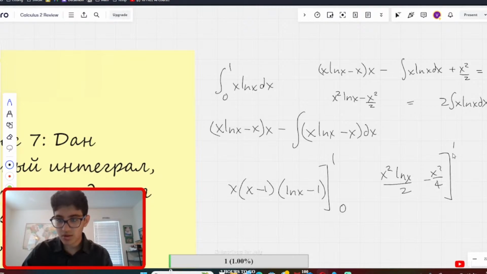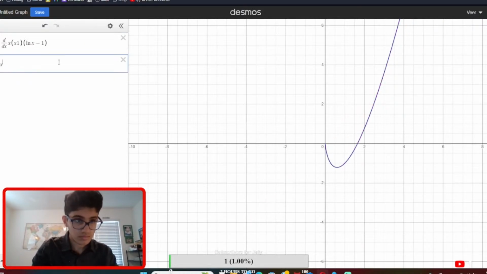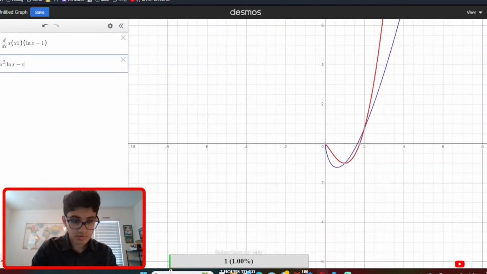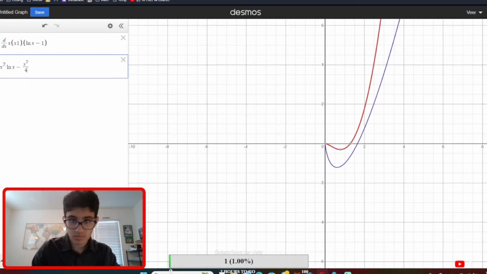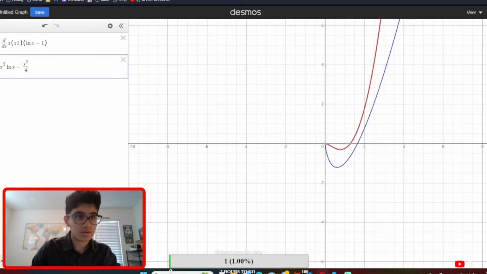And this is what we put in now, 1 and 0. Let's plug this in and see. x squared natural log of x is the first one, and then minus x squared over 4. Okay, again it's wrong. So, oh, never mind. Could be right still.